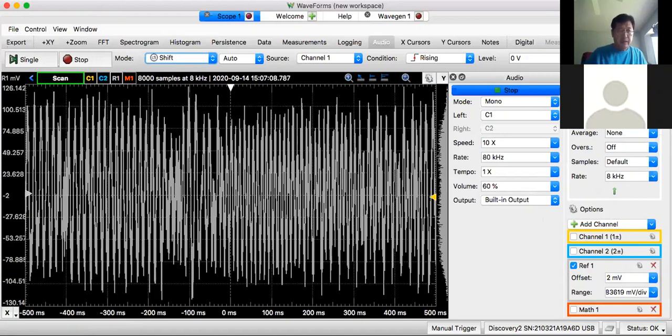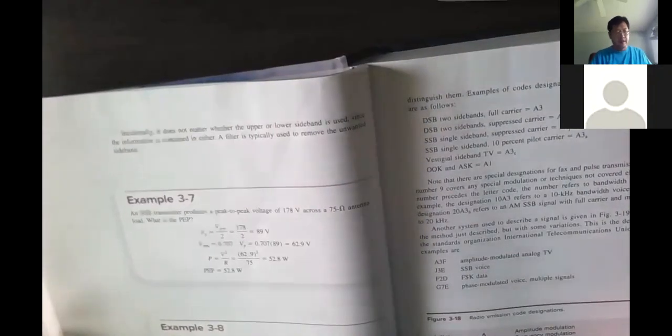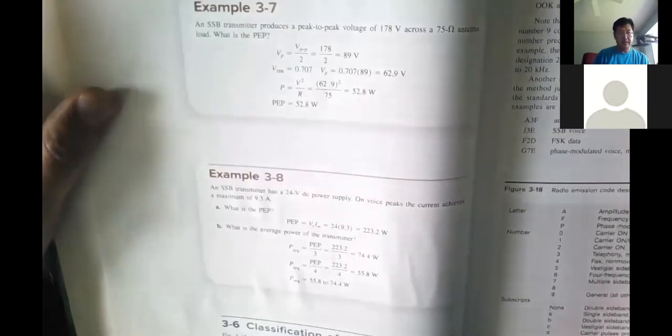The last topic for today will be number 6, the classifications of radio transmission.